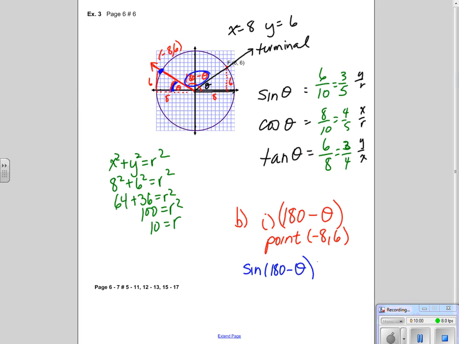So sine of 180 minus theta is likewise y over r. It's the very same as sine theta. Interesting. Sine theta equals sine of 180 minus theta.